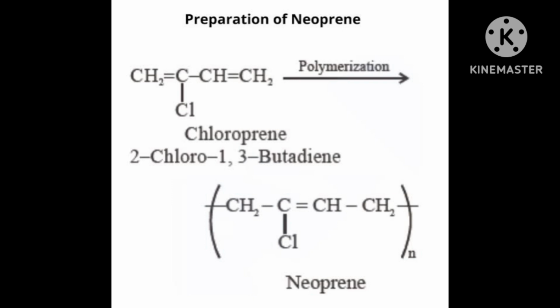Sorry for interruption. I was talking about the cis polymer, this cis isoprene molecule. Then the cis isoprene molecules consist of various chains held together by weak force called van der Waals interaction and has a coiled structure.